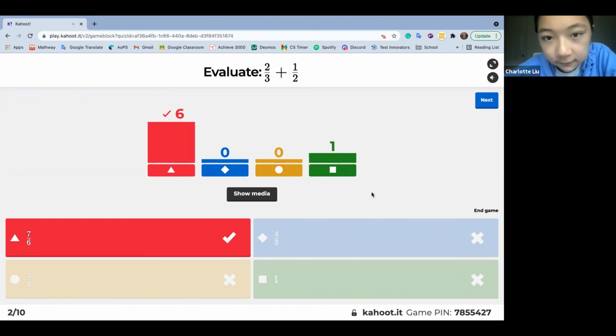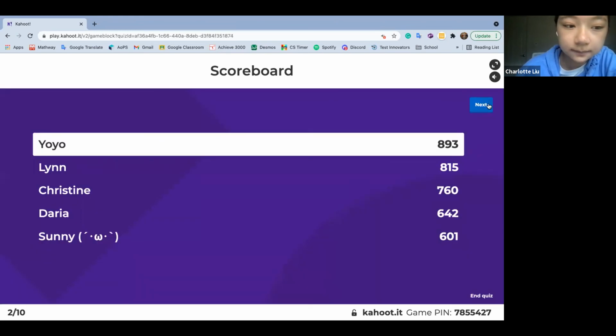You convert it to 4/6 plus 3/6, which is equal to 7/6. Next question.